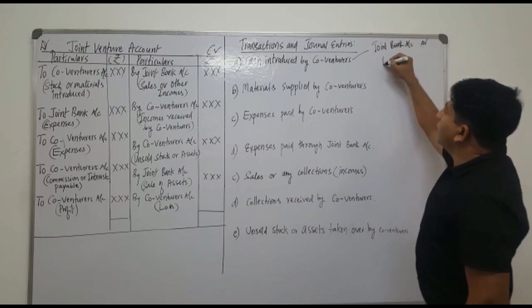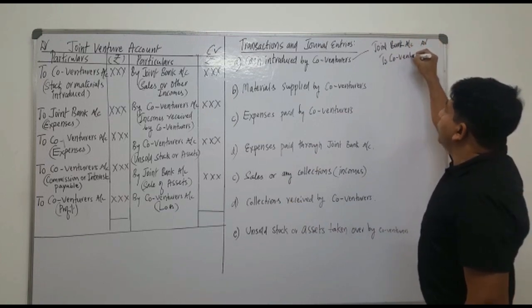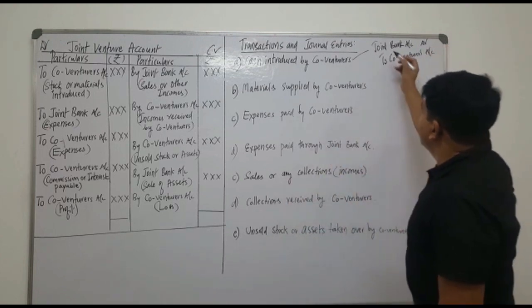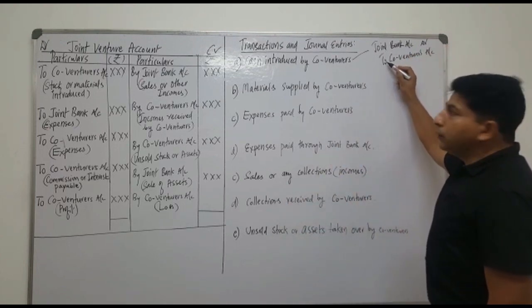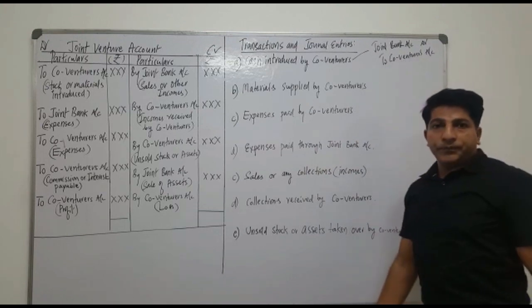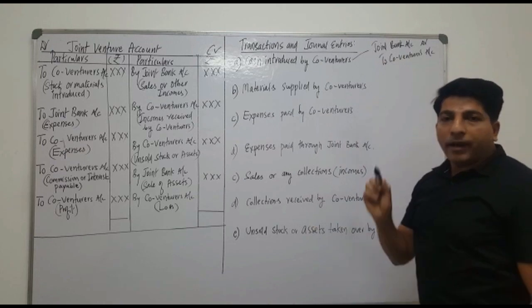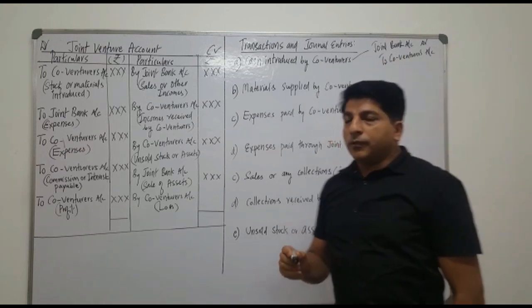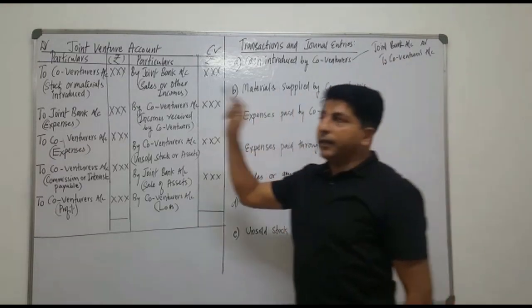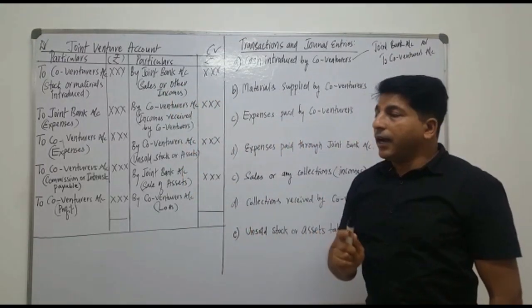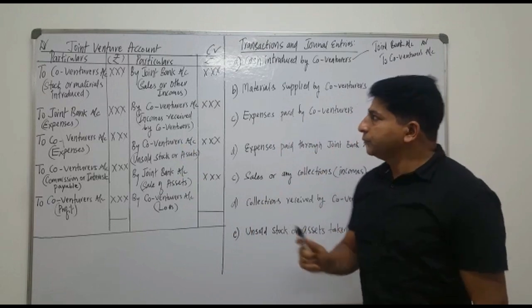The entry is joint bank account debit to co-venturers account. This entry will be recorded in joint bank account, so this entry will not be made in joint venture account. This is a very important transaction and entry you should know.